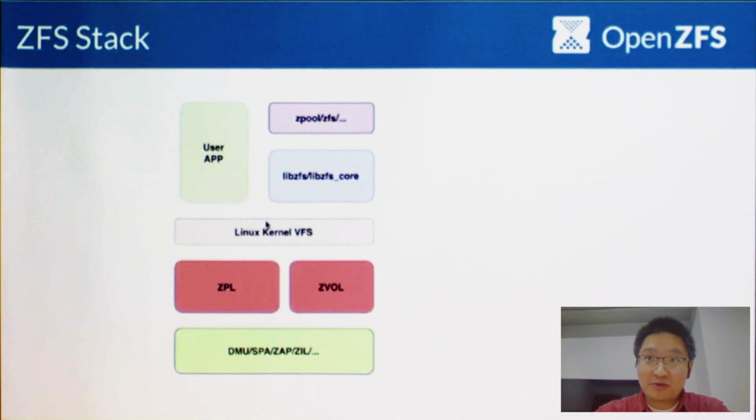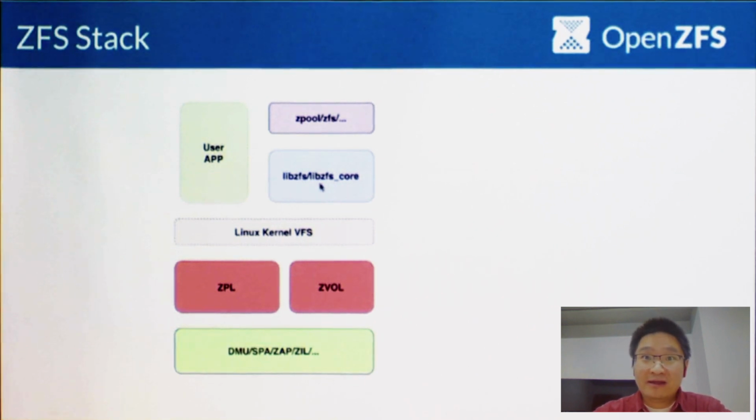And the core logic of ZFS is under VFS, which means ZFS is running in kernel mode. ZFS also provides some libraries and command line utilities to do the management work, like the zpool or ZFS tool. They call APIs provided by libzfs for creating or destroying ZFS datasets.